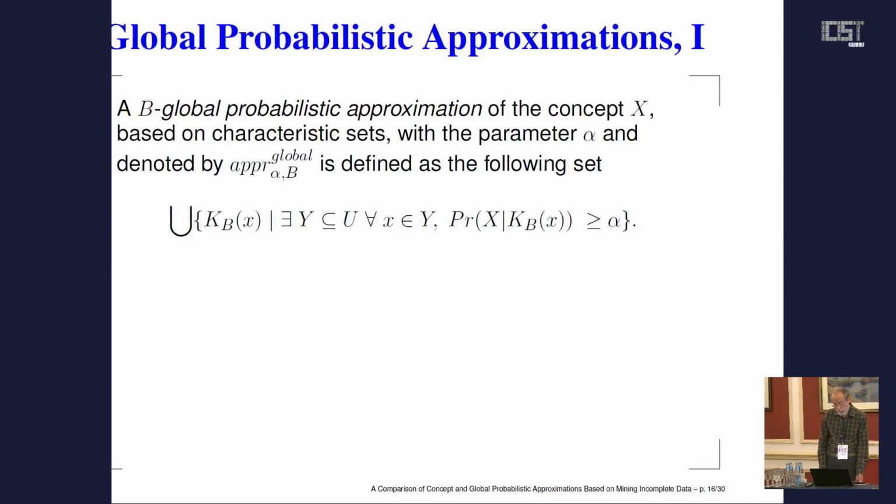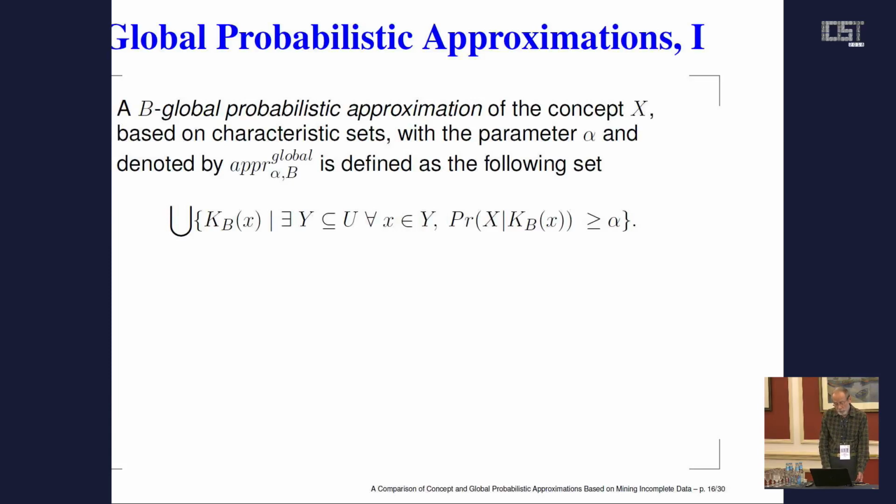And all that needs to be done is that the conditional probability of the concept, given characteristic sets where X is taken from this set, is greater than or equal to alpha. Obviously, this is a very general definition, and it leads to exponential complexity, because Y is an arbitrary subset.